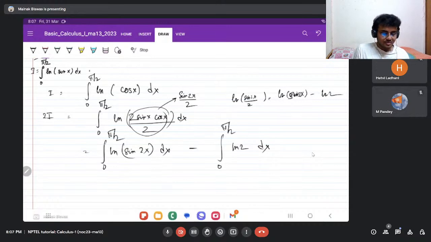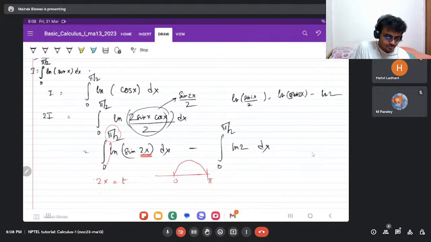So now comes the substitution, the trick. Or if you could see scaling in your eyes, you don't even need to use the trick. So you see 2x. When I do 2x for 0 to pi by 2, it becomes between 0 and pi, right? You can easily see it by how? Say 2x I will take as t, right?